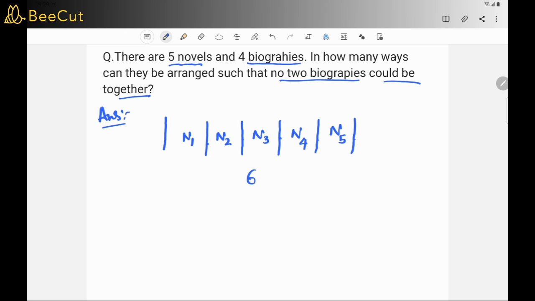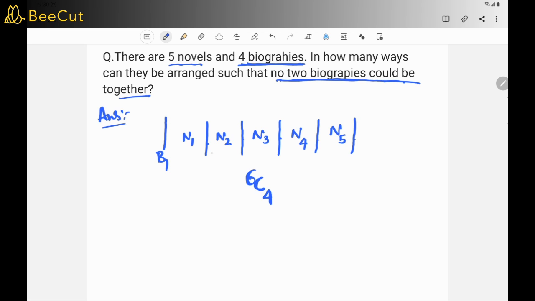Now the condition given in the question is that no two biographies could be together. So what I'll do is, out of these 6 gaps, I will select any 4 gaps, because I have to fill 4 biographies in these places, and later I will fill the biographies.